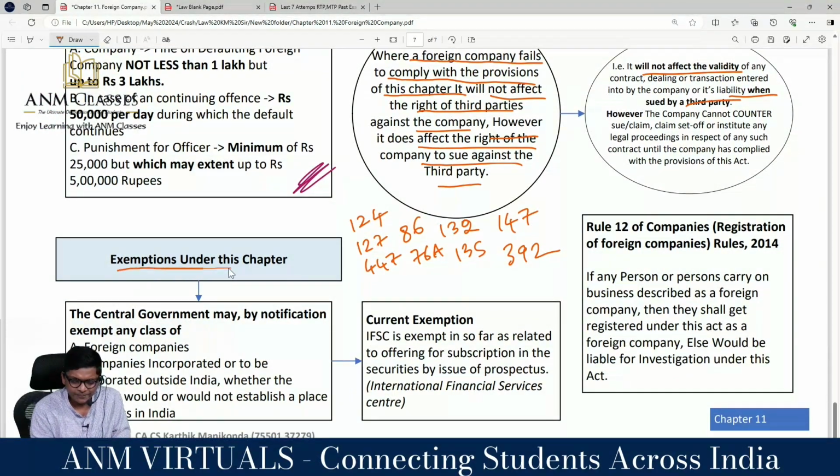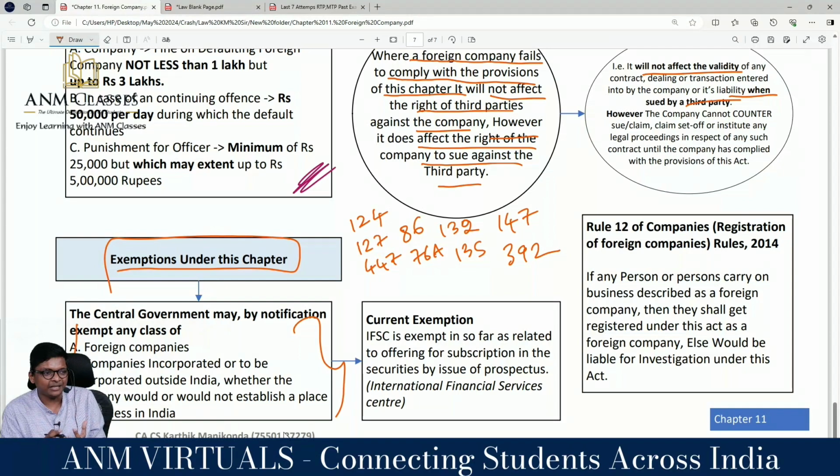Quickly, exemptions under this chapter. As usual, the central government will pass a notification and tell that some companies can be exempted and need not follow. In the current exemption we have, IFSC is exempt so far as it relates to offering for subscription in the securities. International Financial Service Center. You will see this in many places. Correct?